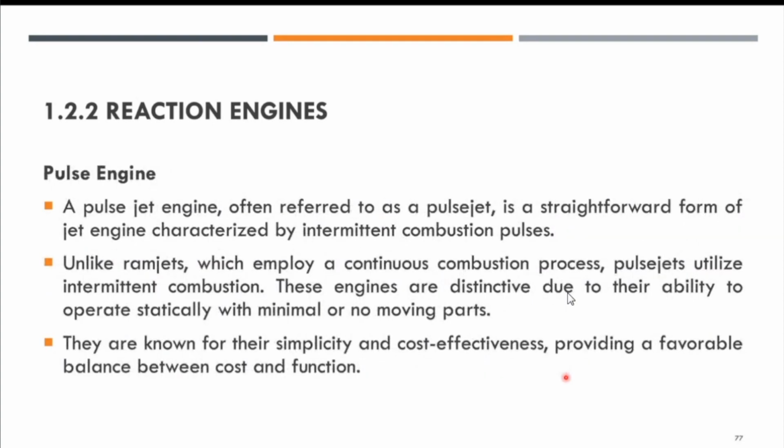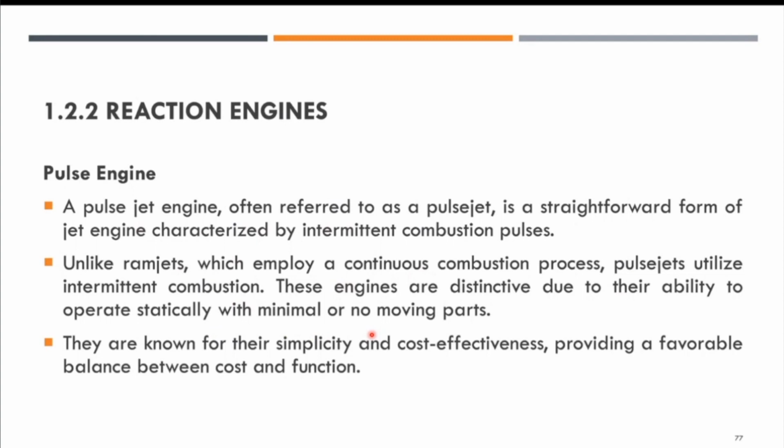The next one is the pulse engine. The pulse engine, often referred to as a pulse jet, is a straightforward form of jet engine characterized by intermittent combustion pulses. Unlike the ramjet, which employs continuous combustion, the pulse jet utilizes intermittent combustion. It's not continuous. These engines are distinctive due to the ability to operate statically with minimal or no moving parts, no turbo machinery.